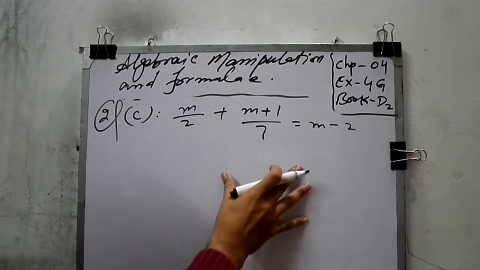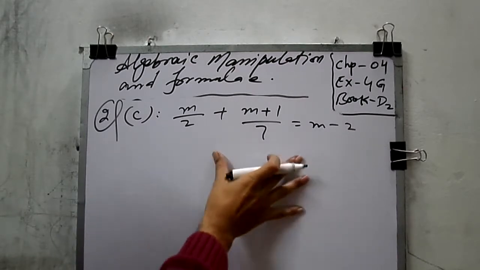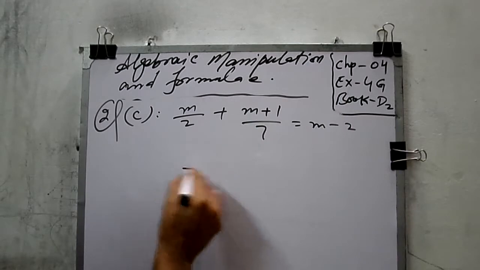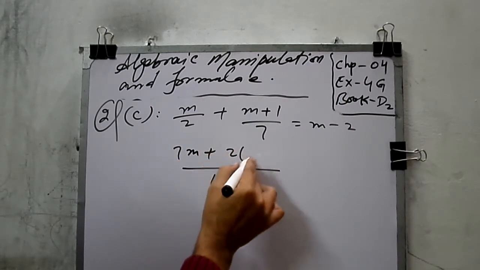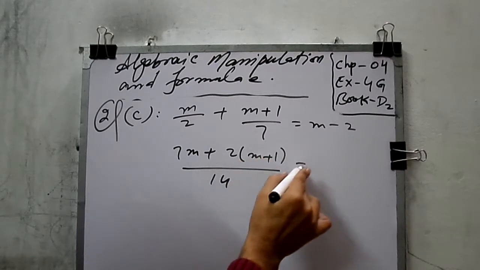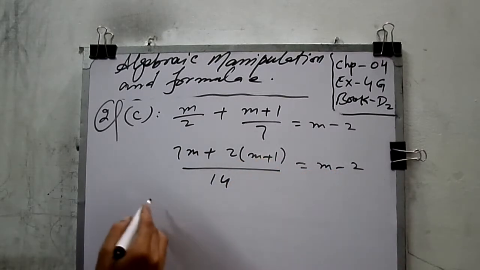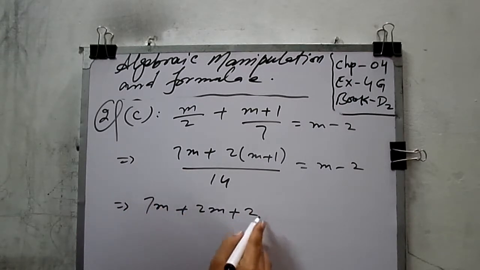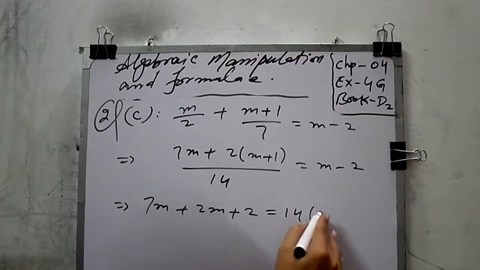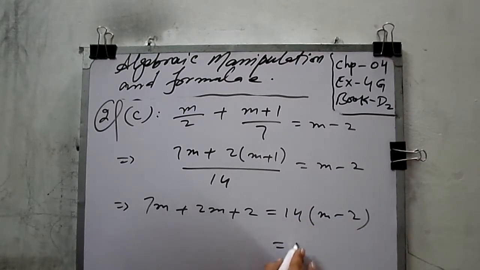So taking LCM, so by using cross multiplication or simplification, 7m, so you will get 14 2s are 28.